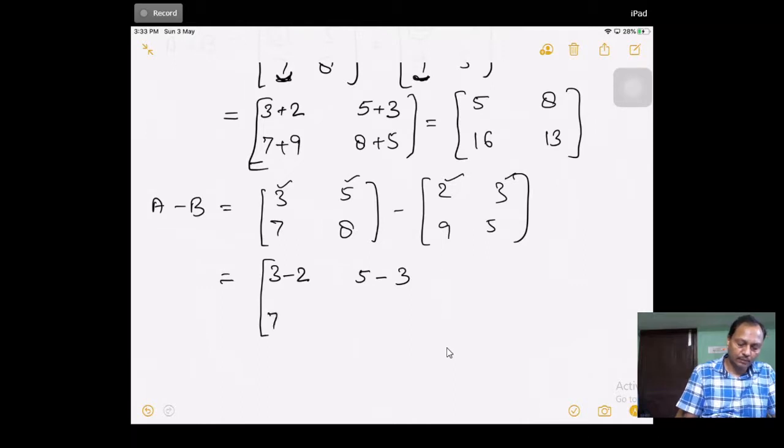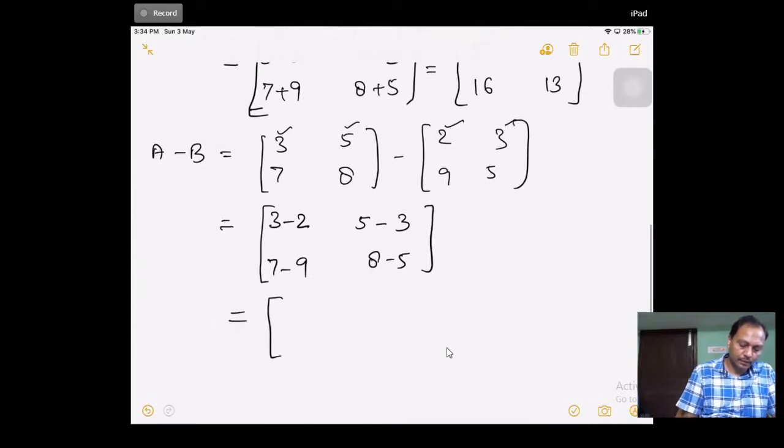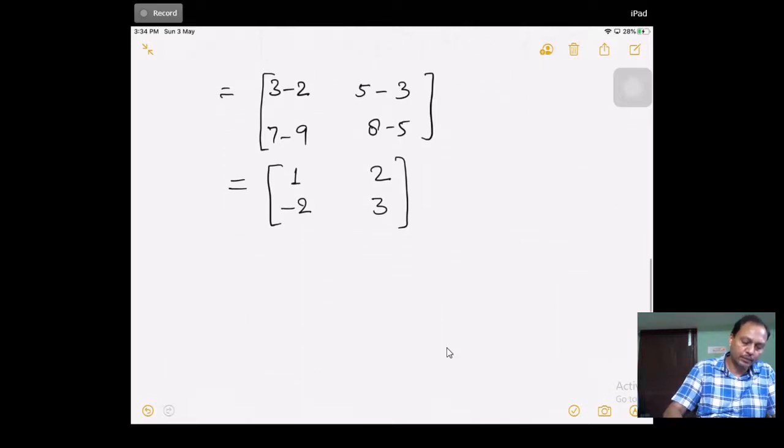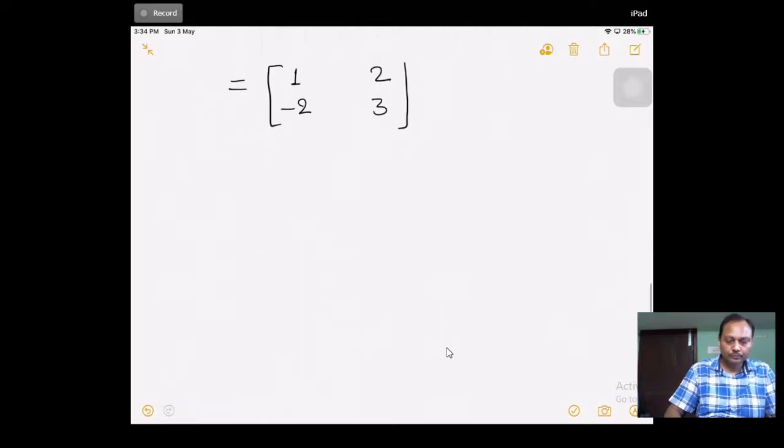Here it is 7 minus 9 and 8 minus 5. So the difference of these matrices is 1, 2, minus 2 and 3. So in this way we can find the addition or subtraction of two matrices. It is very simple.